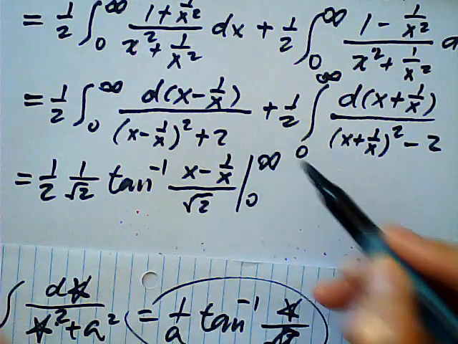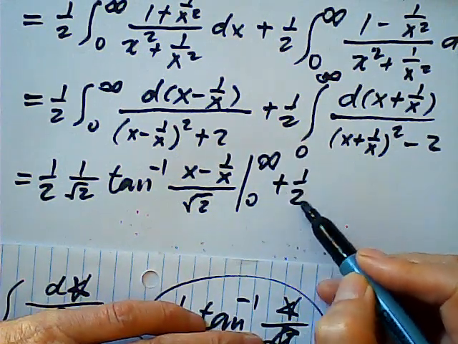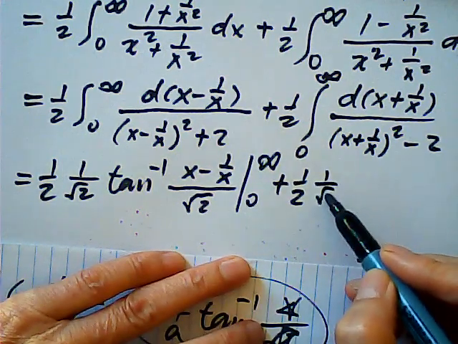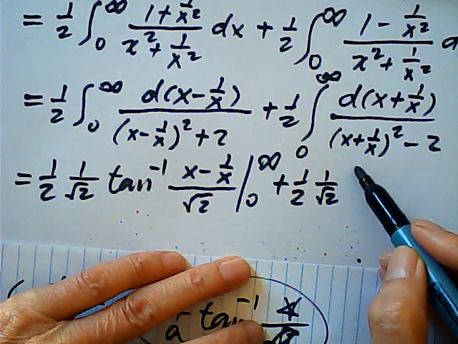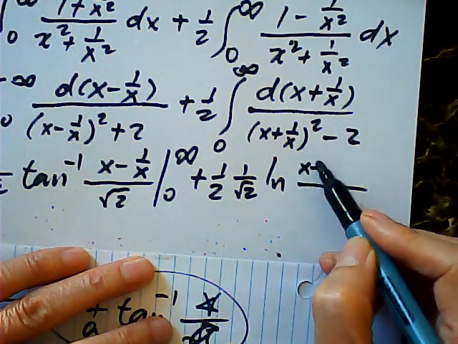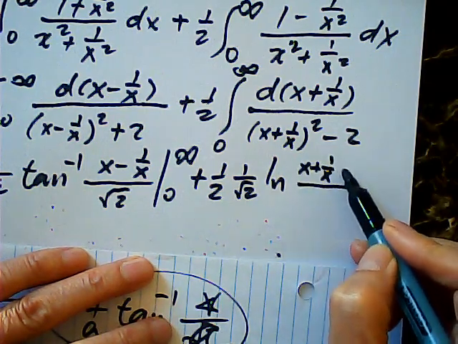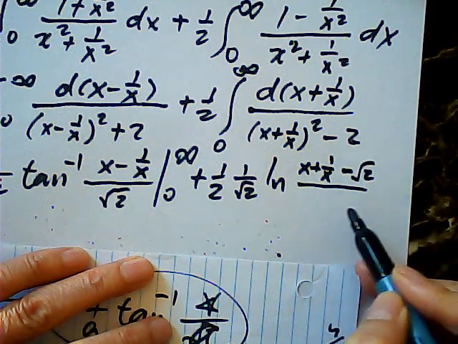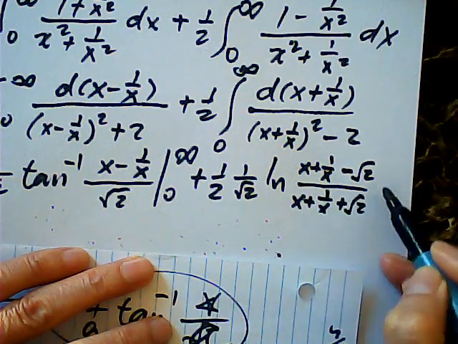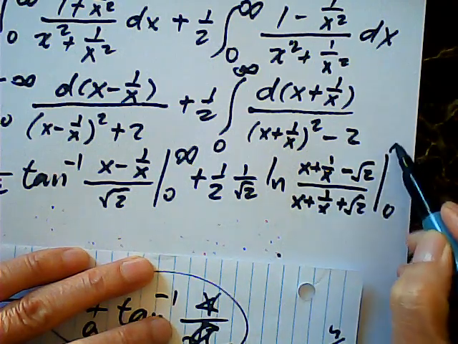From 0 to infinity, plus 1/2 times 1 over root 2 log of x plus 1 over x minus root 2 over x plus 1 over x plus root 2, from 0 to infinity.